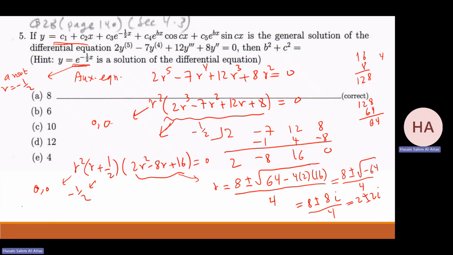Okay. So my roots, this one gives me 2 plus or minus 2i. So the general solution will be C1 plus C2x plus C3 e to the minus half x, which are these three things. And this one I need sine and cosine: C4 e to the 2x cosine 2x plus C5 e to the 2x sine 2x. So what is alpha?